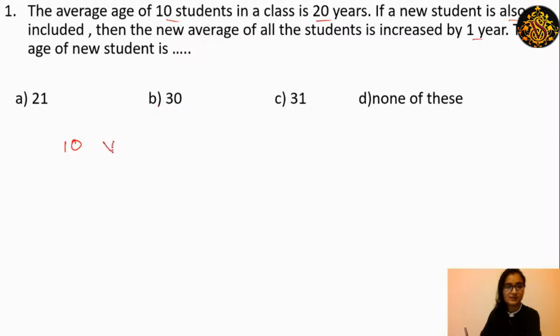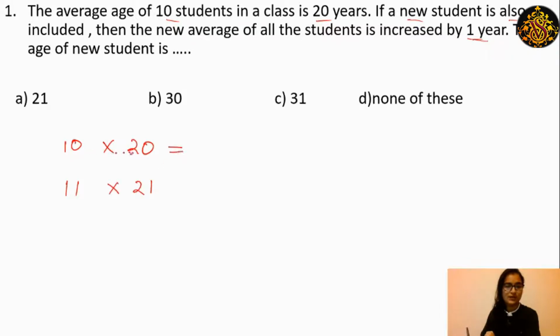If a new student is also included, so plus 1, it will be 10 plus 1, 11. Then the new average of all the students is increased by 1 year, so 20 plus 1 is 21.